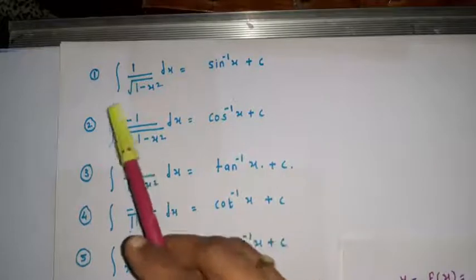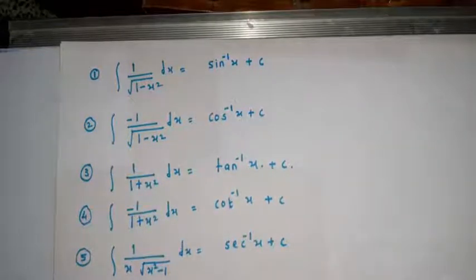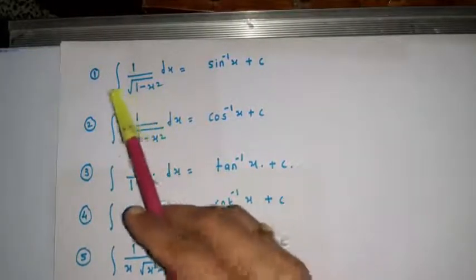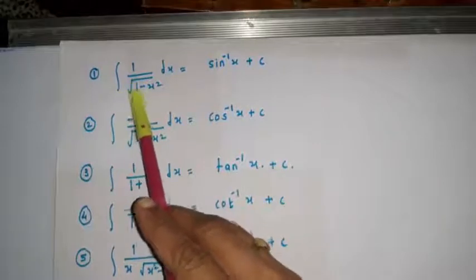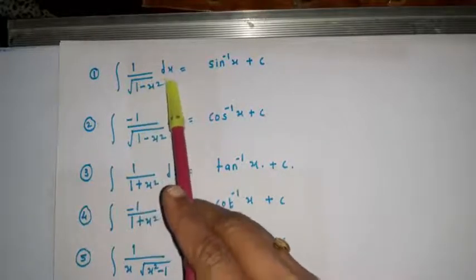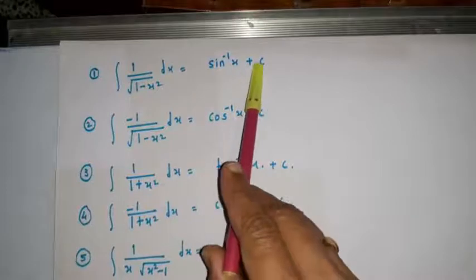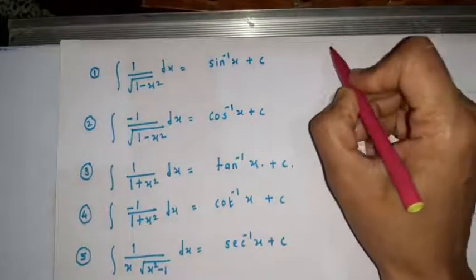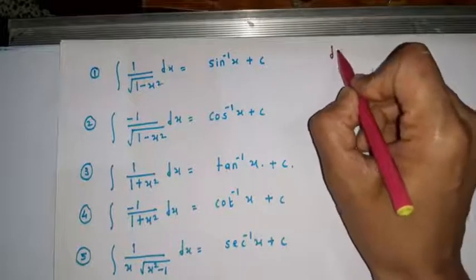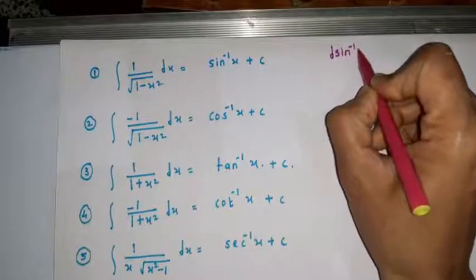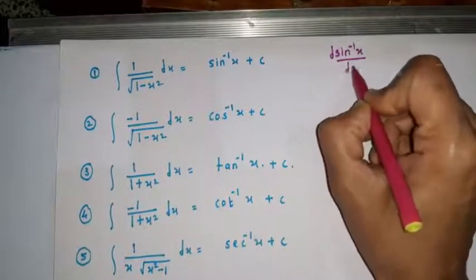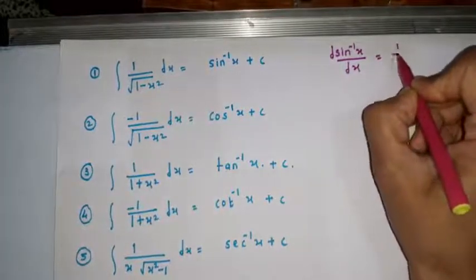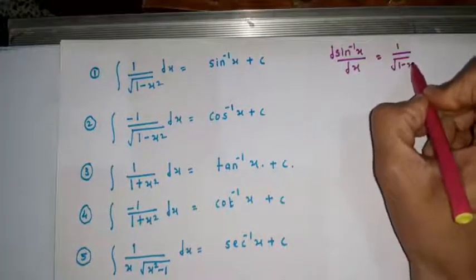So let us take some formulae for integration. Integration of 1 upon square root of 1 minus x square with respect to x is sine inverse of x plus constant of integration c. Students, you know that the differentiation of sine inverse of x with respect to x is 1 upon square root of 1 minus x square.